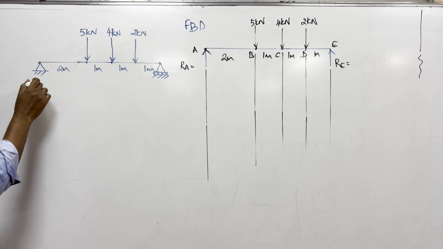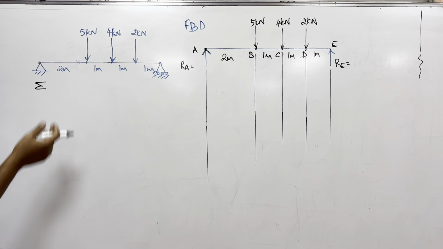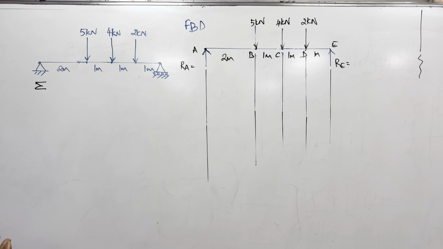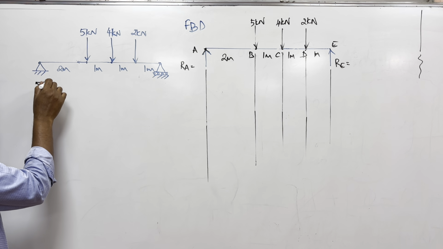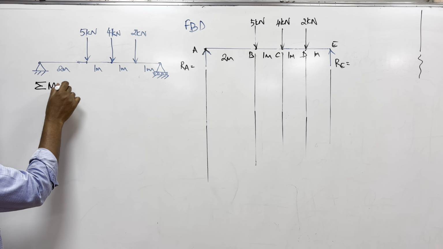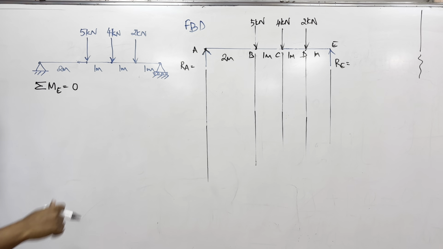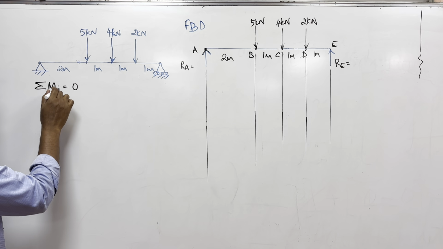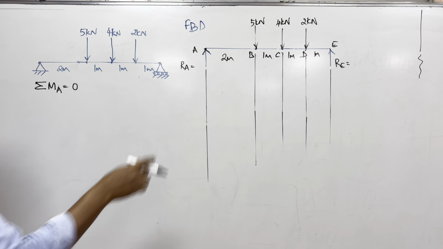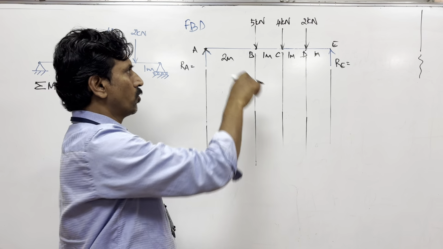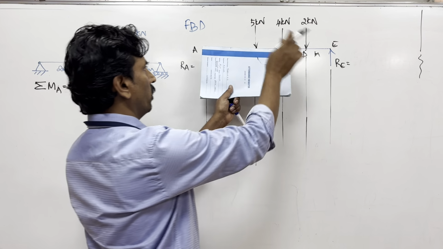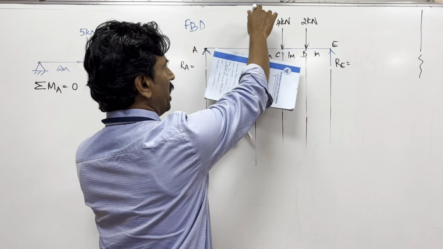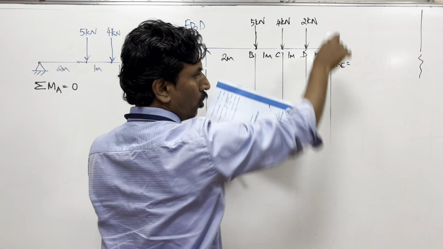So for that, yesterday I said you take the moments about one of the supports. So we prefer to take the left side support, sigma MA is equal to 0. So use this formula. So taking the moments about A, these forces are trying to go downwards.